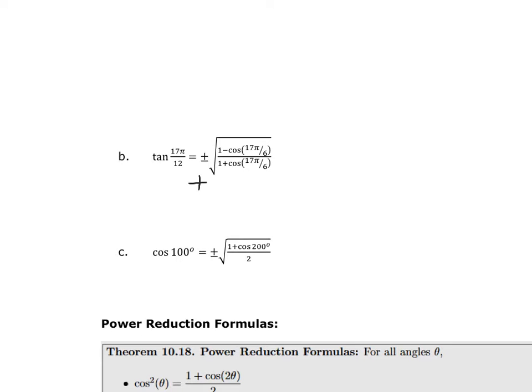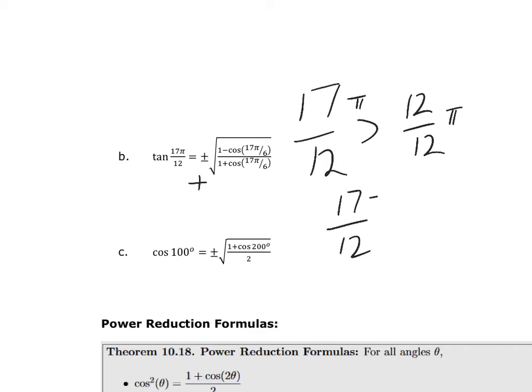Now, if you're struggling with where these land, 17 over 12, well, that's larger than 12 over 12. 12 over 12 is just 1, so if I slap on the pi, that 17 over 12 pi is greater than 1. So I know that I've gone at least 180 degrees, or a pi rotation.